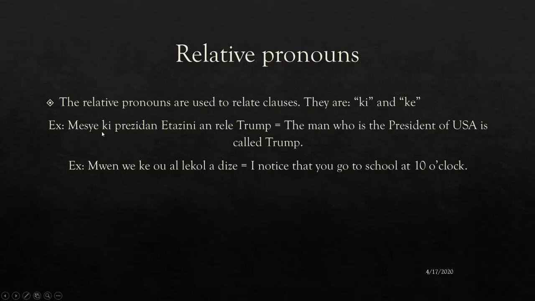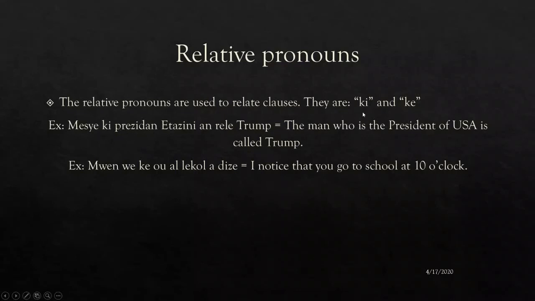Okay, so now the key is translated by who. Another thing: you see, the subject is a person. Because the subject is a person, you don't use K in front of president.